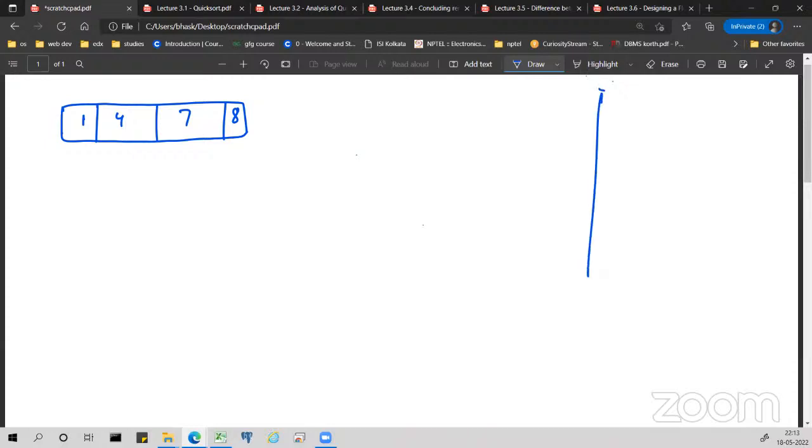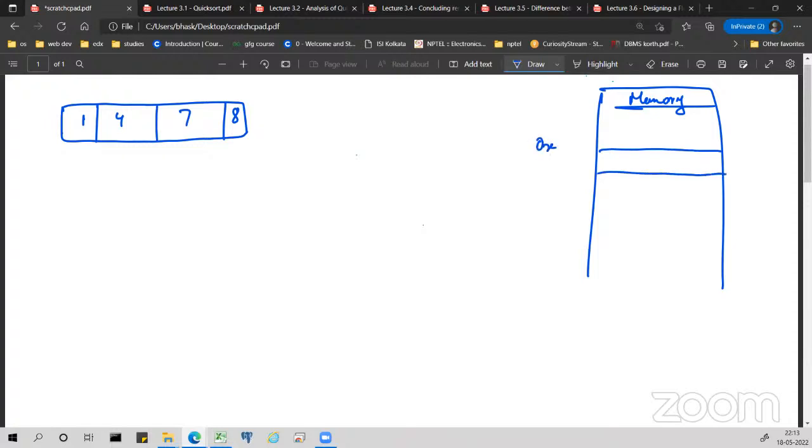Okay, so what happens in Python? What is a list? Internally a list works like this. Let's say you have a list with values 1, 4, 7, 8. So this is your memory. Let's say the memory address is over here, say 0x.